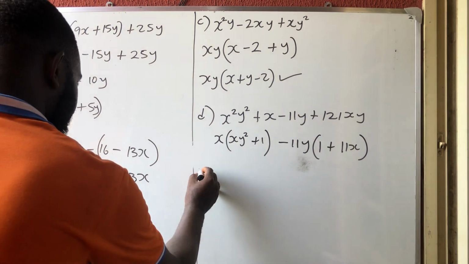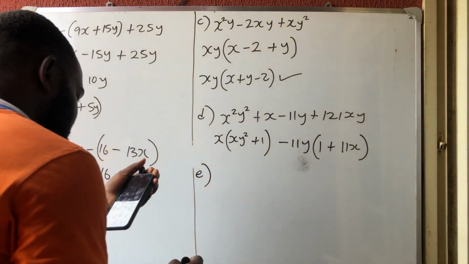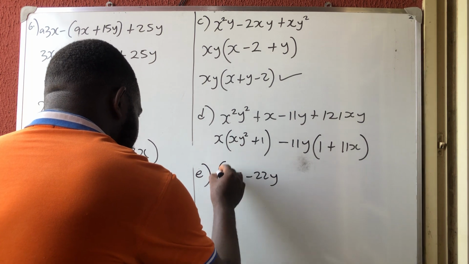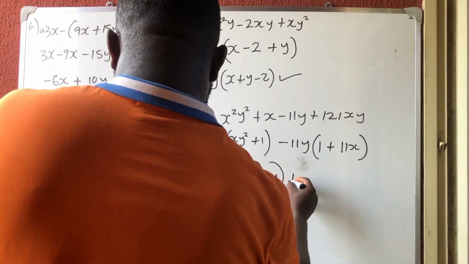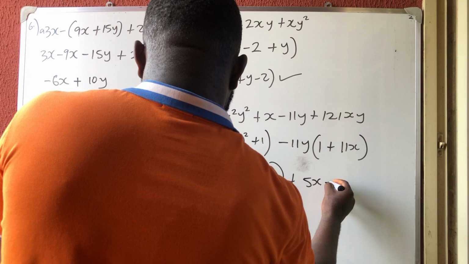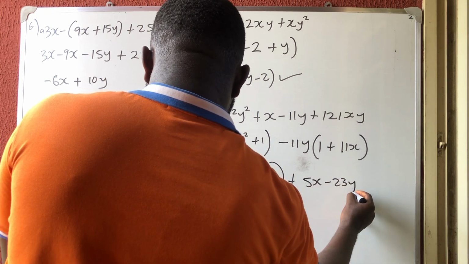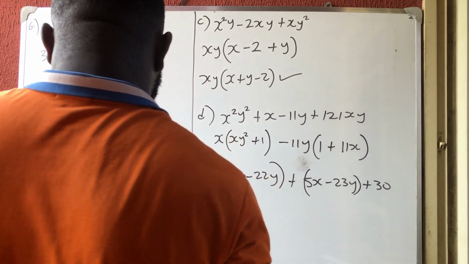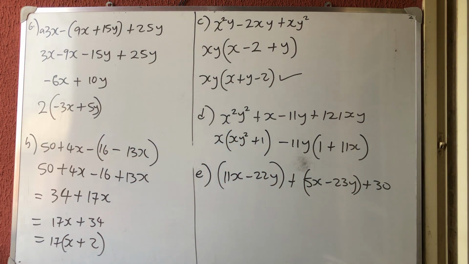So number E said 11x minus 22y plus 5x minus 23y plus 30. Okay, so let us do that.